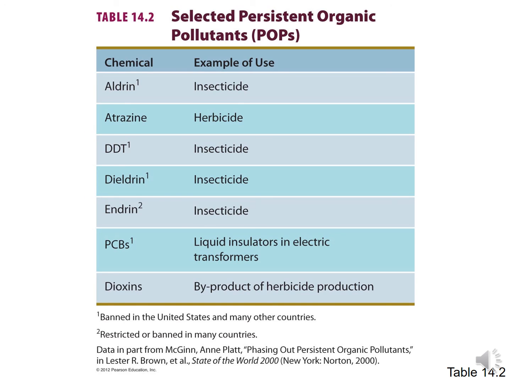Selected persistent organic pollutants: aldrin, atrazine, DDT, dieldrin, endrin, PCBs, dioxins. So these are some of the persistent organic pollutants, and you can see the examples of use. Most of them are insecticides used in agriculture, on crops when you do farming.